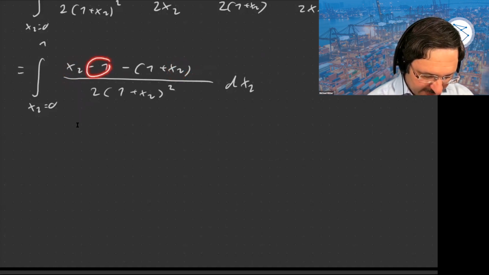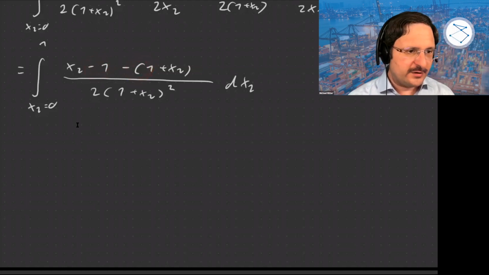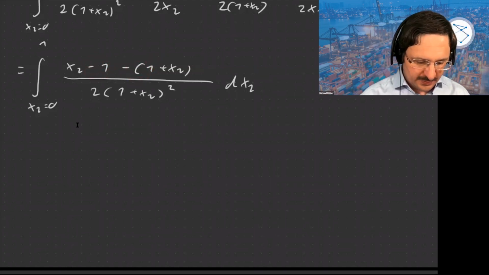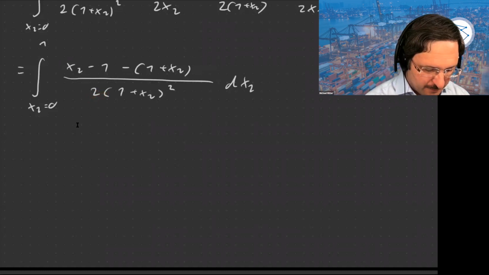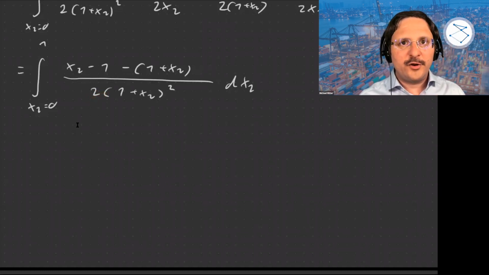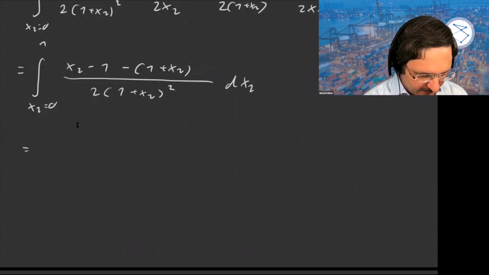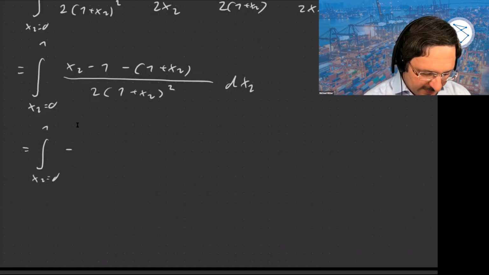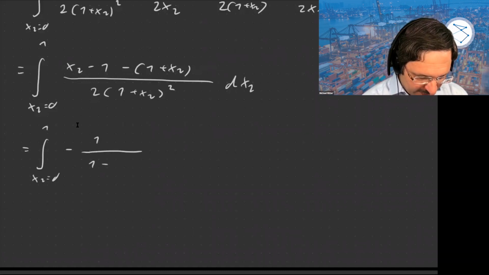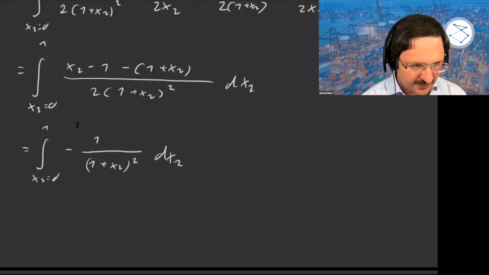And here we have a minus 1 and another minus 1, so that's a minus 2. And that cancels out with that plus 2 here. So we're left with a minus sign in the numerator, and the denominator stays the same. So the simplified version of that integrand is minus 1 over (1 plus x2) squared dx2.